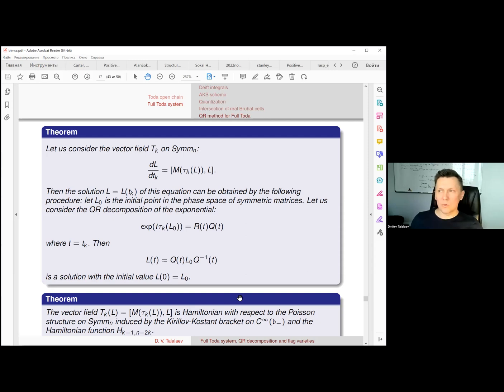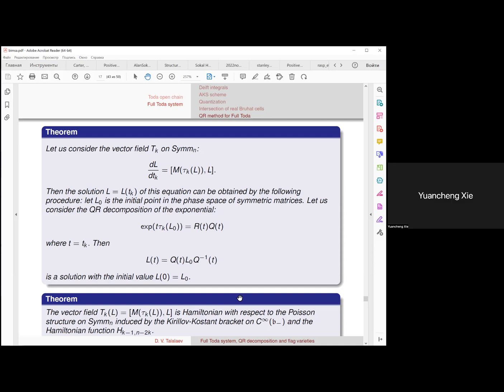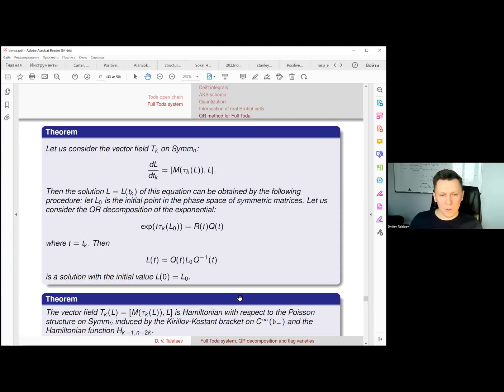I don't know the universal way. It is occasionally the case. Ordinarily, it is like this. But there is a very important property of the commutativity, the invariance with respect to the tower of parabolic subgroups.